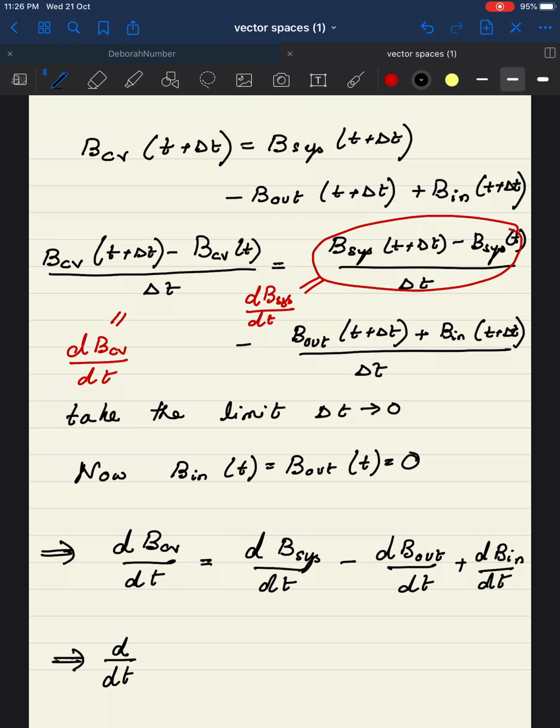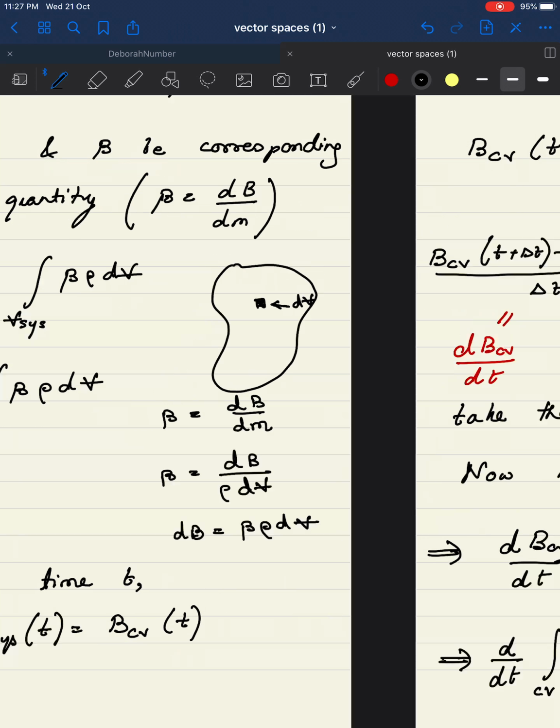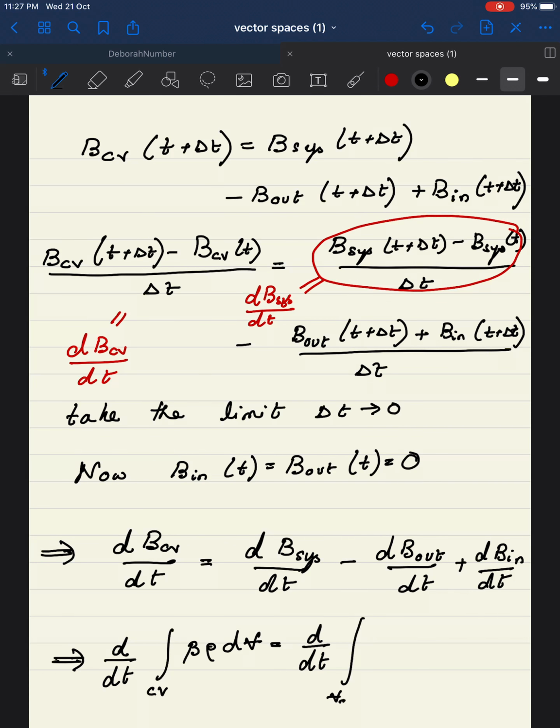So d/dt of the integral over the control volume of beta rho dV is equal to d/dt over the control system, V system, so we'll just keep that lingo, of beta rho dV minus dB out by dt plus dB in.